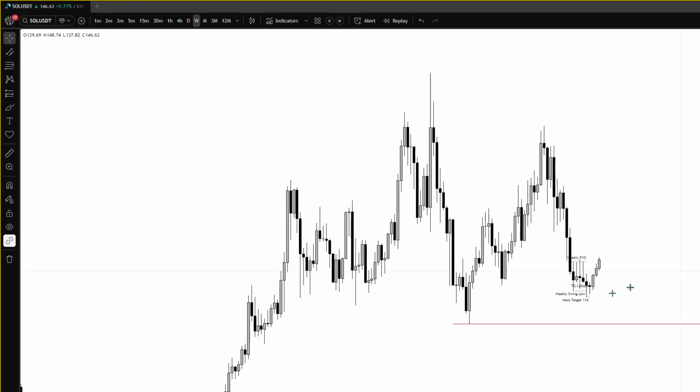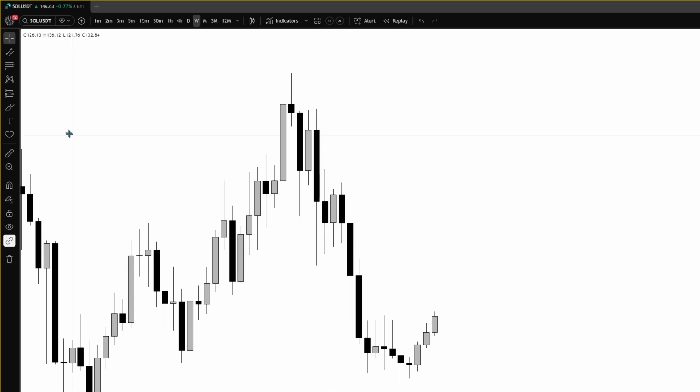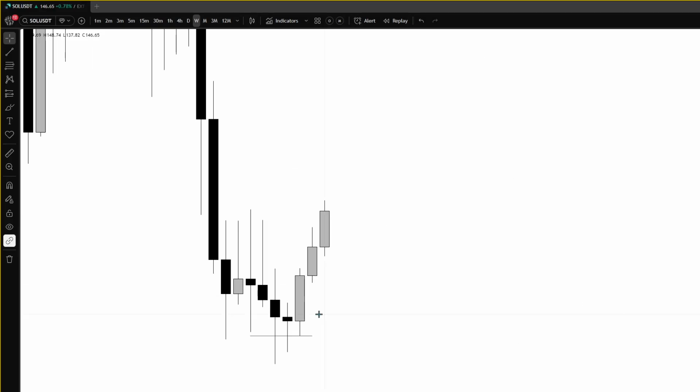Let me know. So we did get it on Sol, right? We got the sweep. This could have been a good trade that was taken, but it didn't give us the candle 1, 2, and 3.